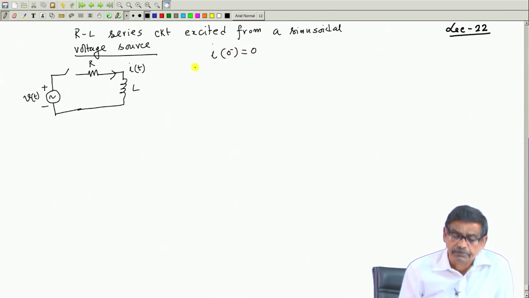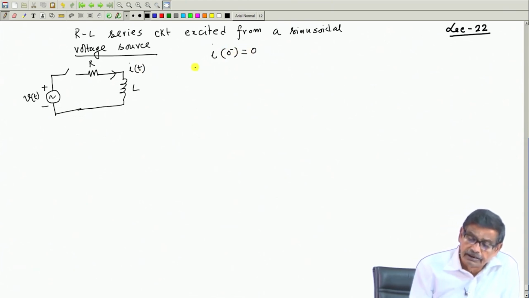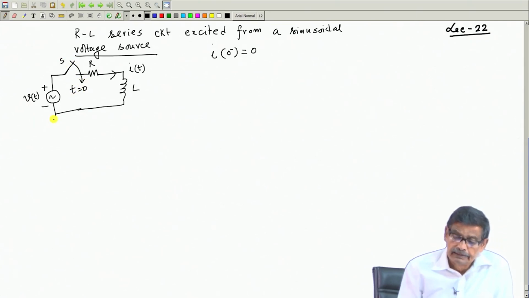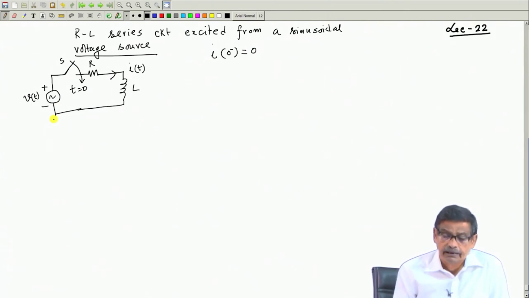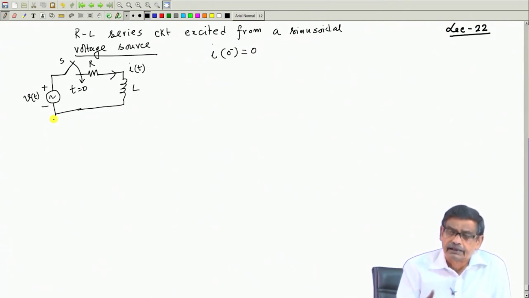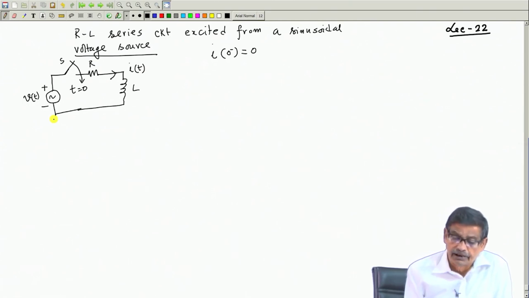It is supposed to be given, the switch was open for a long time and so on. Now, this switch S is closed at t equal to 0. Then how the current will grow or flow in the circuit as a function of time, this I want to find out.